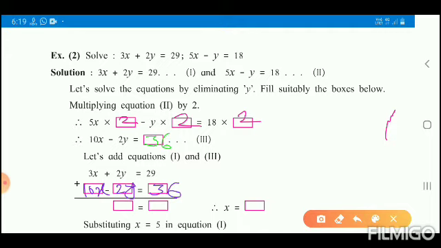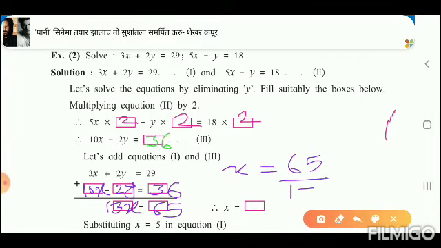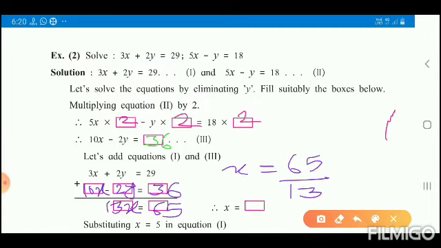Now you can see here plus 2y and minus 2y will cancel with each other. So we have to add 3x plus 10x, you will get 13x is equal to 65. So x is equal to 65 upon 13, which comes to 5.